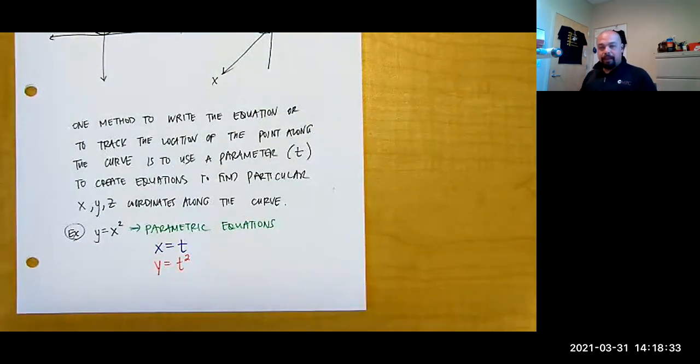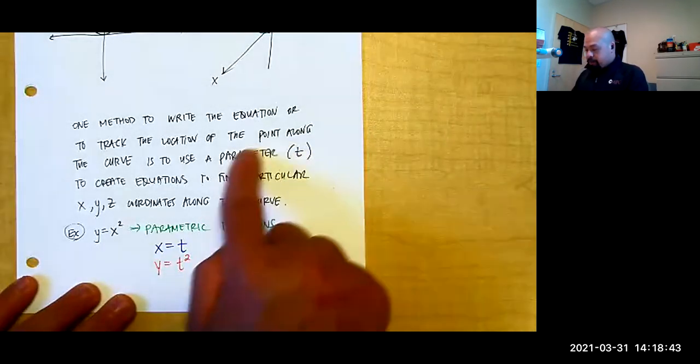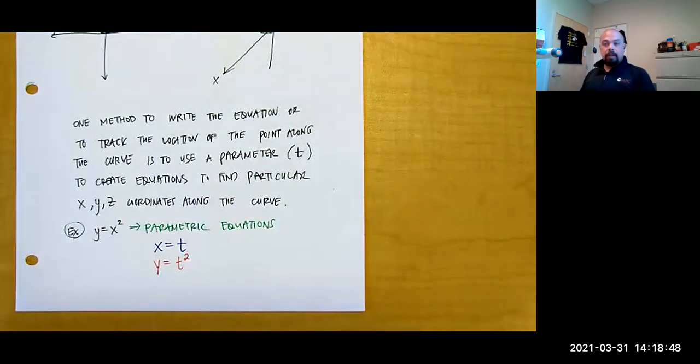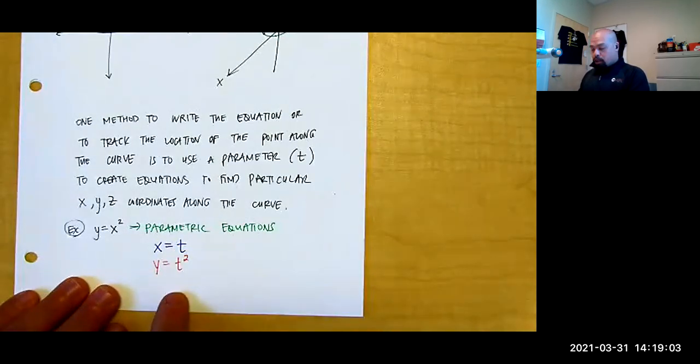So it might not be that interesting as we begin, but it's this concept that now, instead of having y depend on x, z depend on x, or z depend on x and y, we can create a new parameter, a new independent variable, and have our x and y depend on that parameter. So for whatever value for t, the singular variable, I can get a particular value for x and a particular value for y. Now we had our parametric equations for lines. Now these space curves, similar idea. For any value for t we choose, we can plot. When t equals 1, x equals 1, y equals 1 squared, 1.